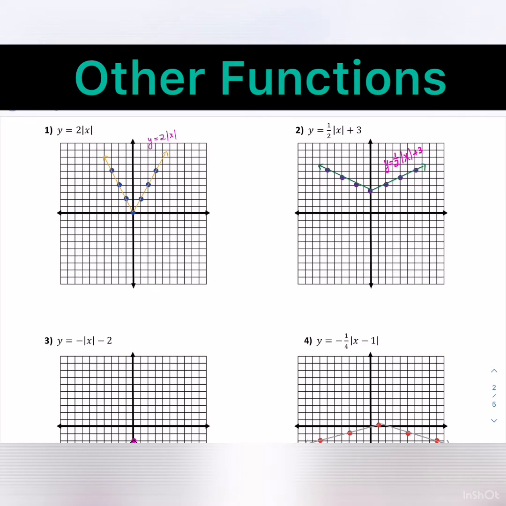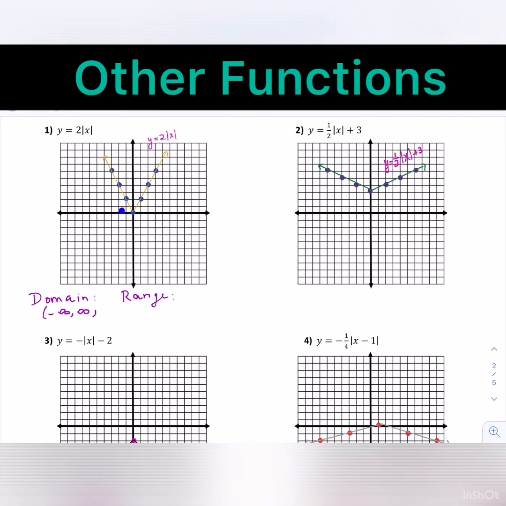Domain of any function, let's start off with A. Domain of any function is going to be all real numbers for these absolute value functions. So the domain is going to be negative infinity to infinity. Now what changes is the range. So the range is going to be a little bit trickier. So what I want to do is zero in on this function, okay?